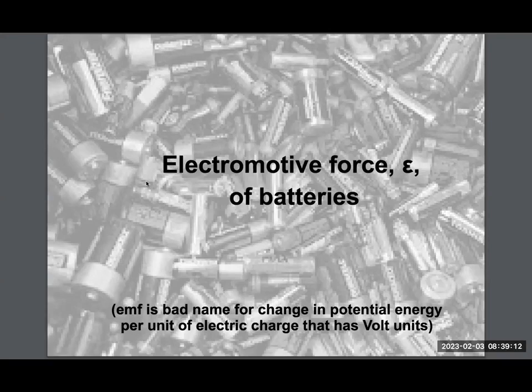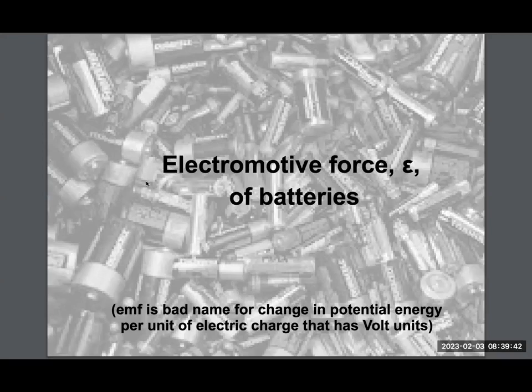The reason it's called an electromotive force is because it's a force that comes from the chemical reactions in the battery that are actually lifting the electrons from one terminal of the battery to the other terminal of the battery so that they can become the current in the circuit to which the battery is connected.